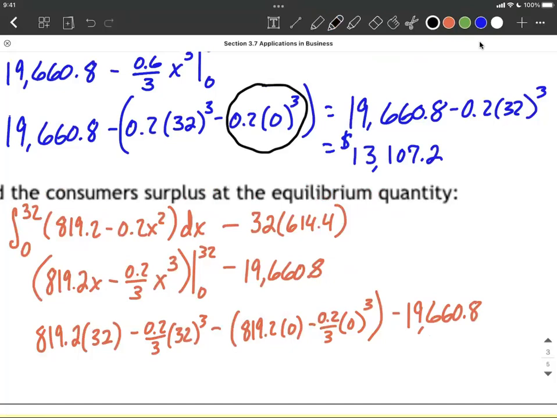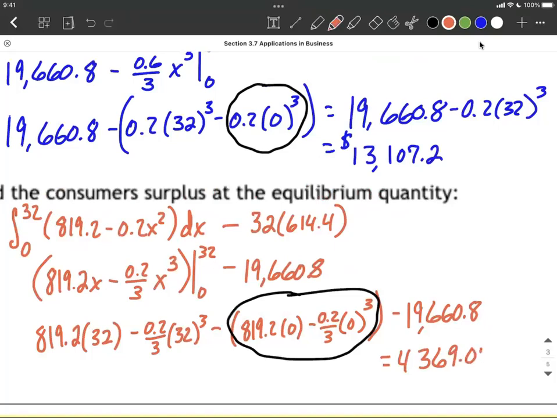Now again, as we filled in the 0, it works out pretty nicely that all of that becomes 0. So basically, adding or subtracting those zeros goes away. But then as we finish this up, maybe get it into our calculator, this all works out to be 4,369.07. And that'll be in dollars.